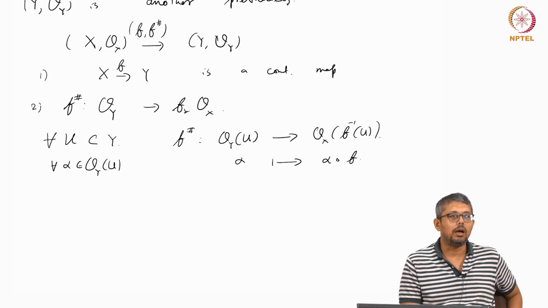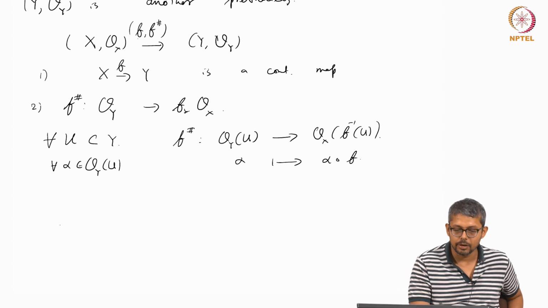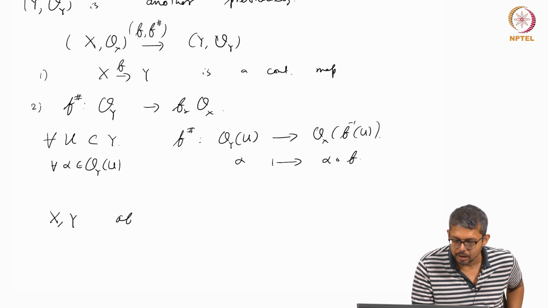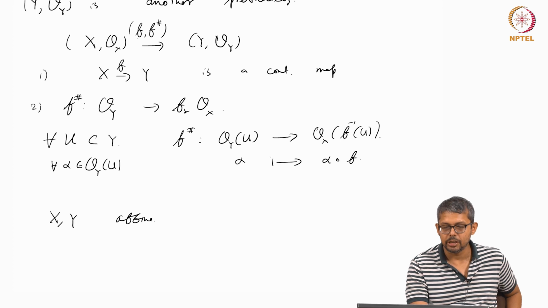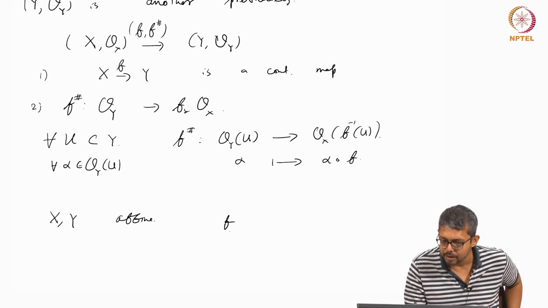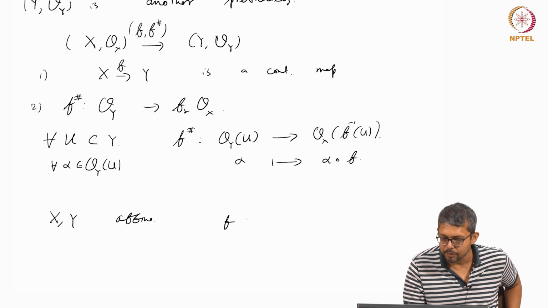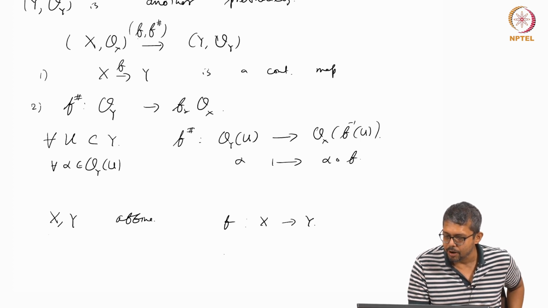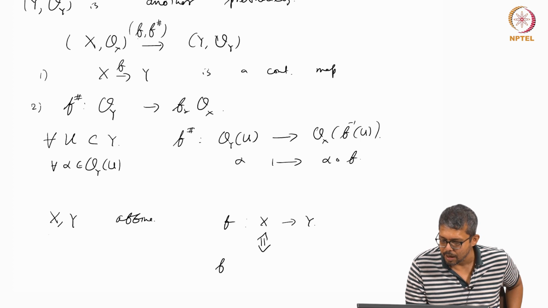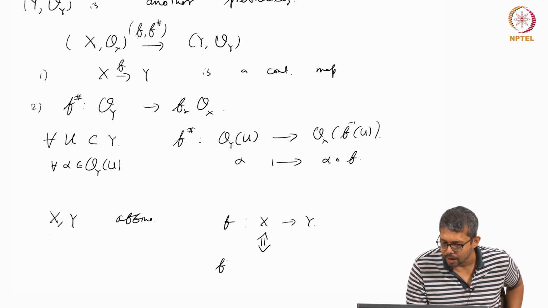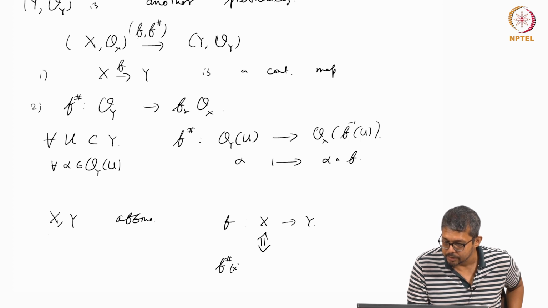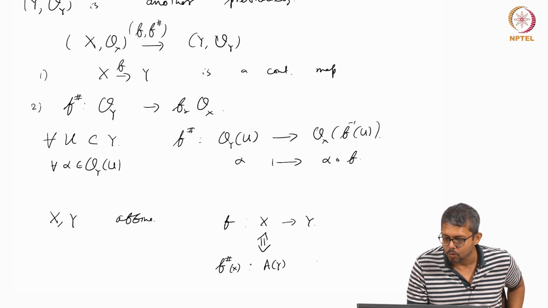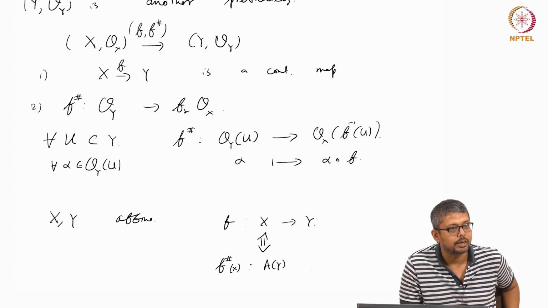Like in the affine case, when X and Y are affine, you just had to check that giving F is equivalent to giving the map F hash on the global functions, O_Y of Y, which is A_Y, right?